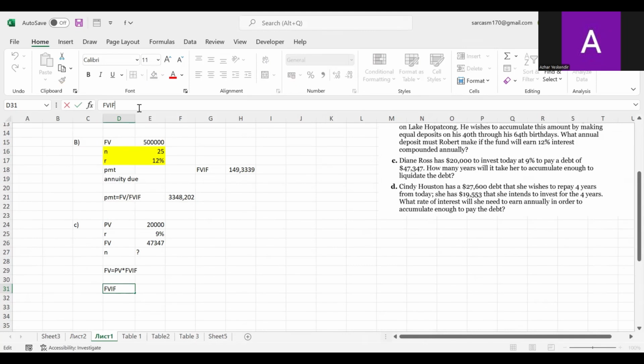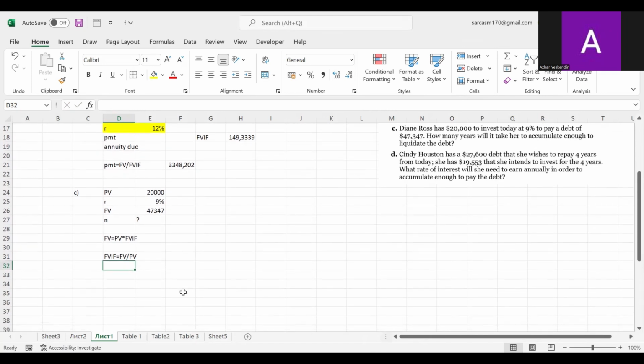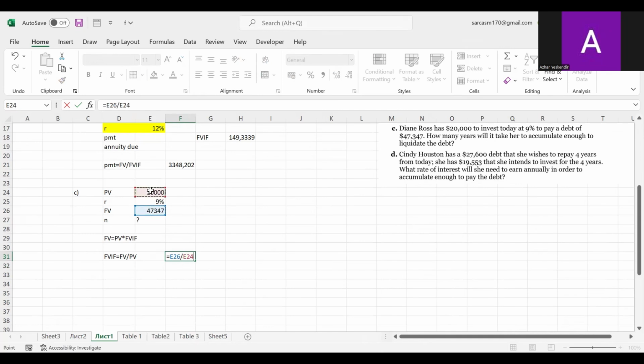Future value interest factor equals future value divided by present value. So here is our future value interest factor.